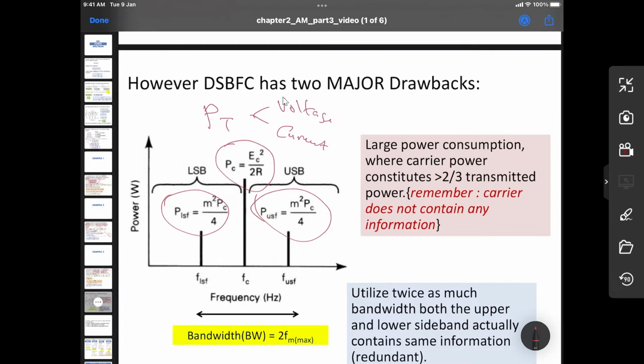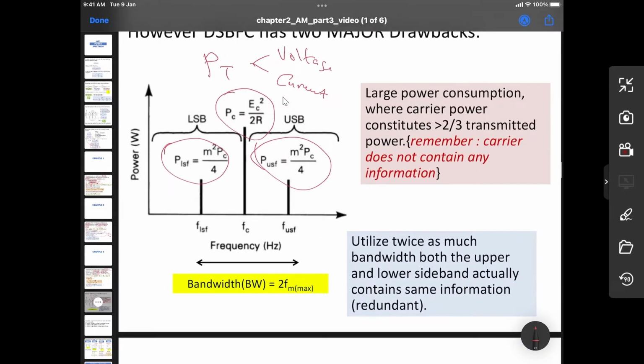Okay, we can see from this spectrum the relation, right? Let's say, okay, we make it simple, M is equal to 1. Let's say the modulation index is equal to 1. What we can see? We will see that at the carrier we have the PC. At the lower sideband we will have PC over 4, right?